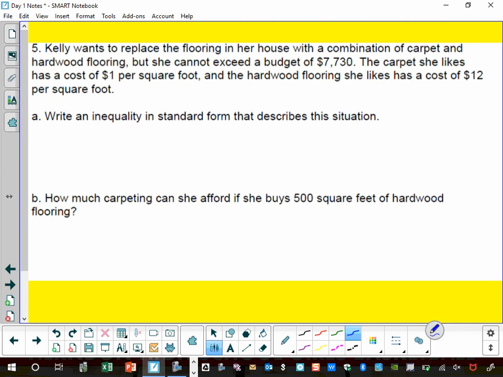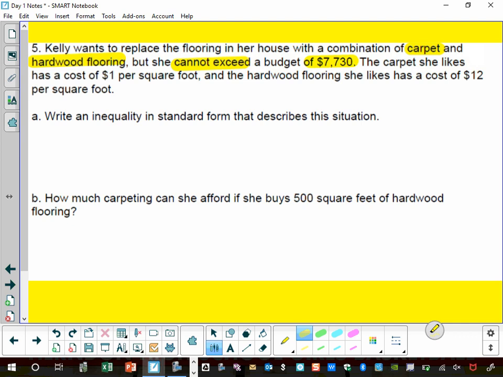All right, number 5. Kelly wants to replace the flooring in her house with a combination of carpet and hardwood flooring. I'm going to highlight, you can underline if you want, or there's highlighters on the side over there. She cannot exceed a budget of $7,730.